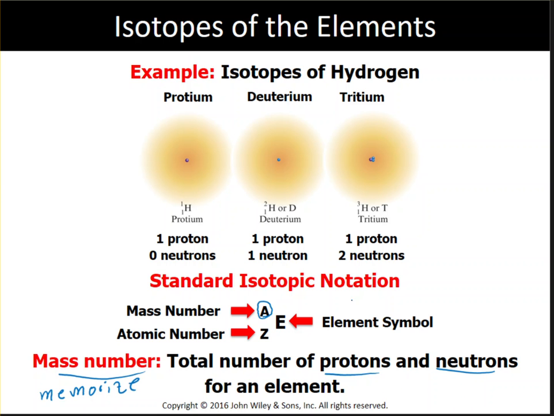And in isotopic notation, you gotta memorize where the atomic number and mass number go. So the mass number, which goes on the top for isotopes, represents the number of protons plus neutrons, and the atomic number on the bottom represents the number of protons. So if we have the mass number for any isotope, we should be able to find the number of protons and neutrons for each one of the elements.